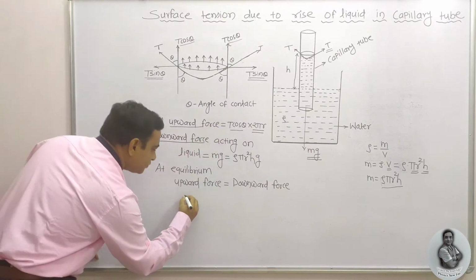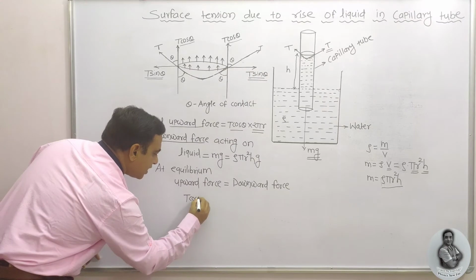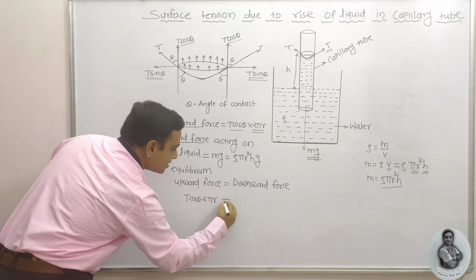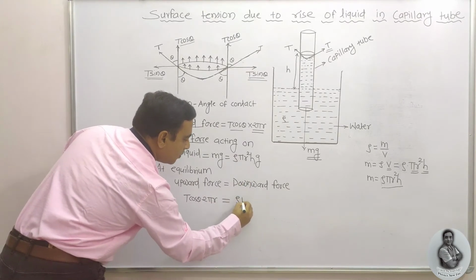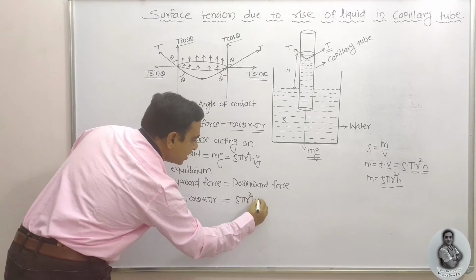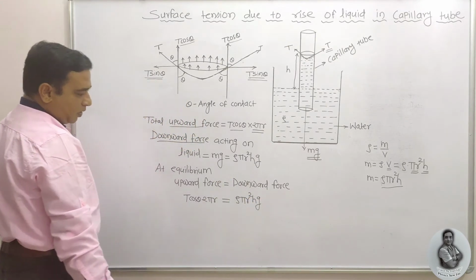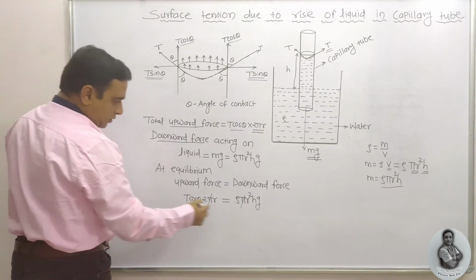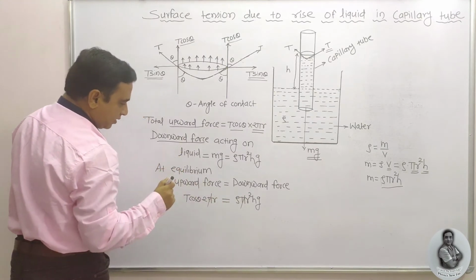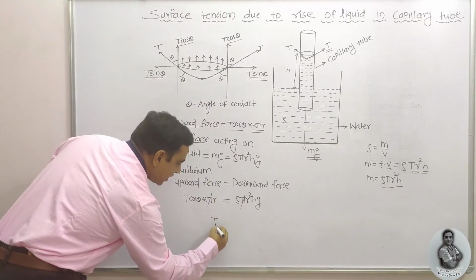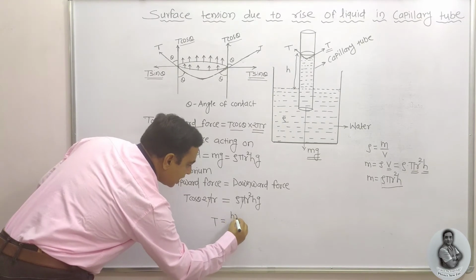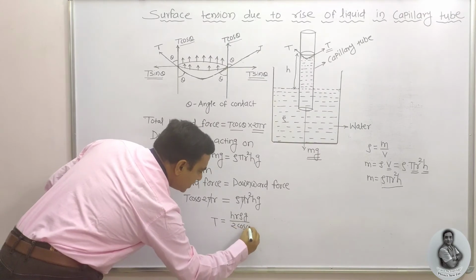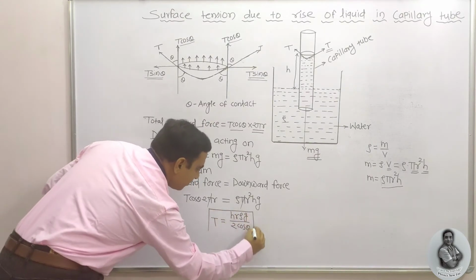Upward force is how much? T cos of theta into 2 pi r, which is equal to rho pi r square h into g. Now the similar terms get cancelled. This r square cancels with one of the r, and the final equation we get is T is equal to h r rho g upon 2 cos of theta. This is the final equation.